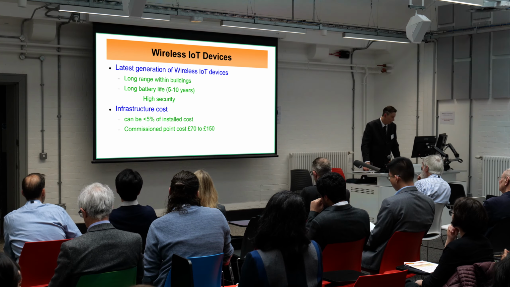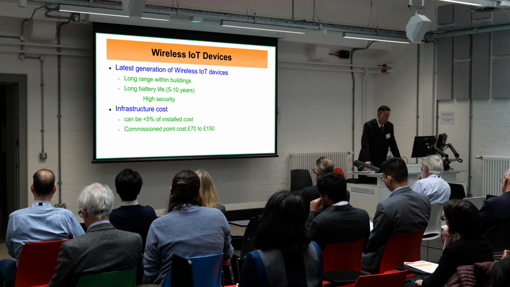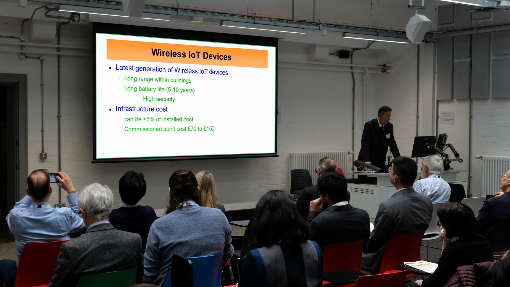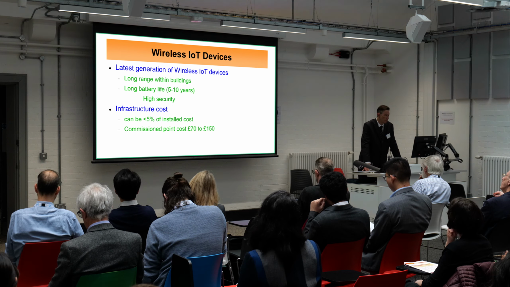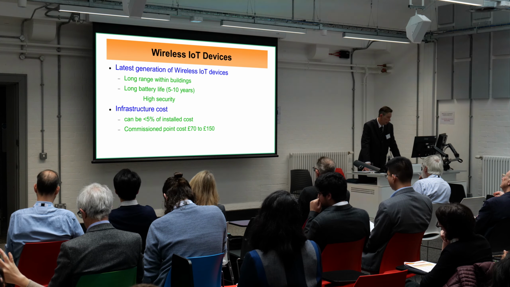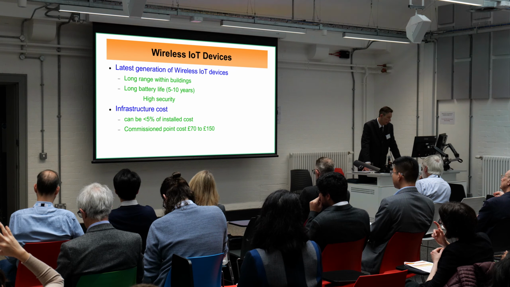So wireless controls have been used in BMS for several decades, but generally never with great success, mainly due to the radio range of the devices and the battery life.